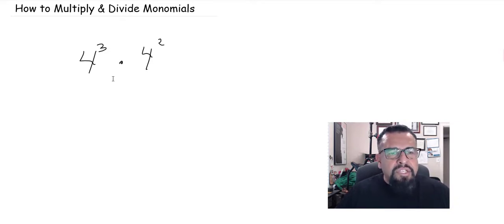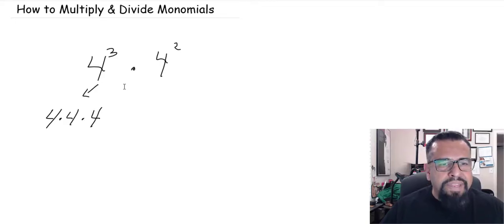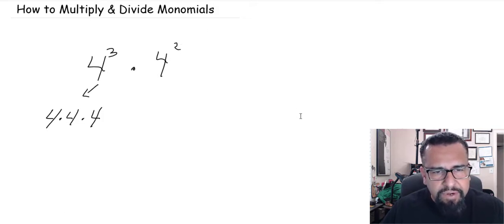All right. So I'm gonna break it down so you can see what this actually means. So if we take 4 to the power of 3, what this means is that I have 3 fours. 1, 2, 3. And they're all being multiplied together, right? This means I have 2 fours being multiplied together. 1, 2.